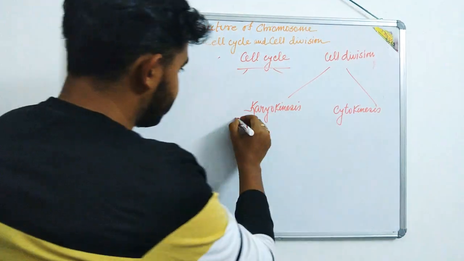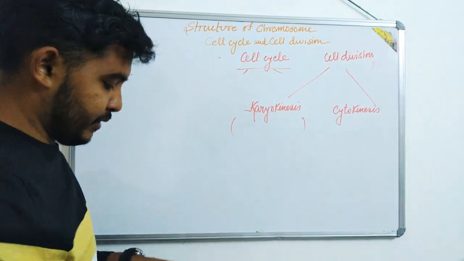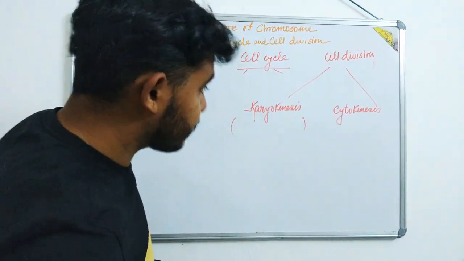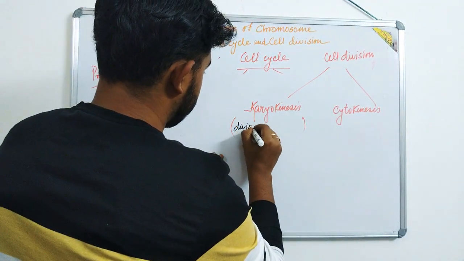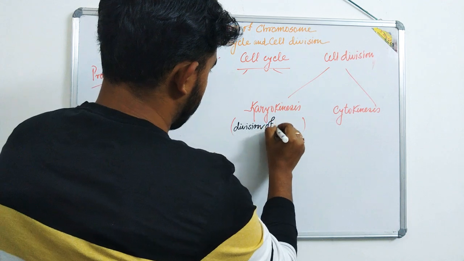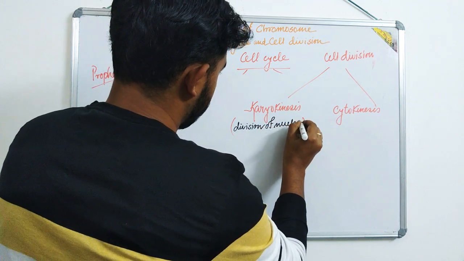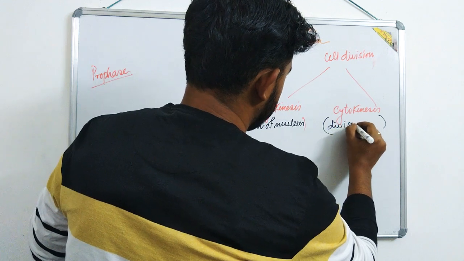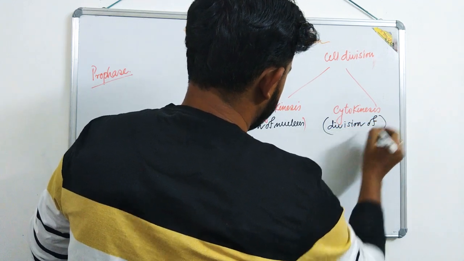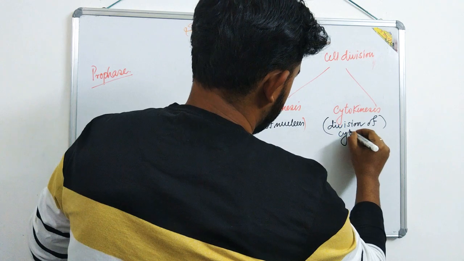Karyokinesis means the division of nucleus, and cytokinesis, division of cytoplasm.